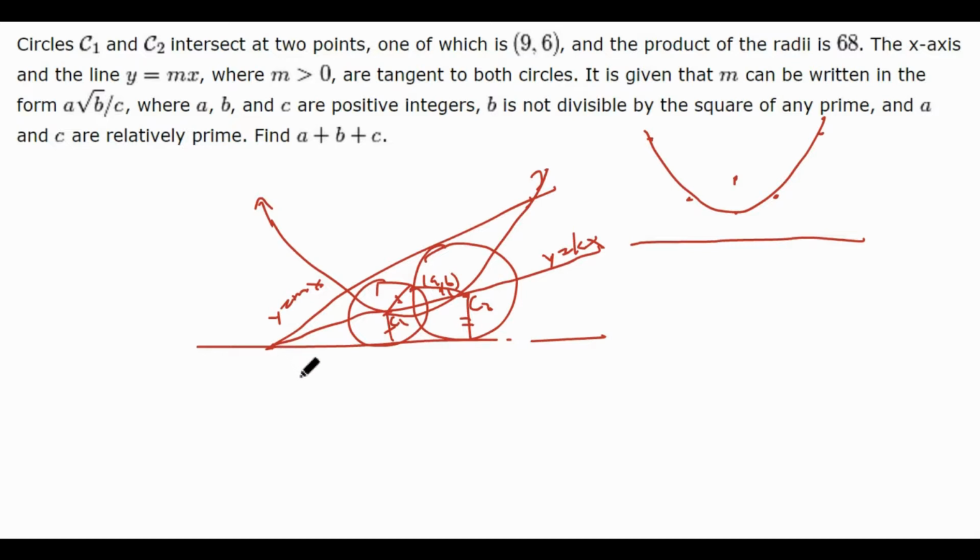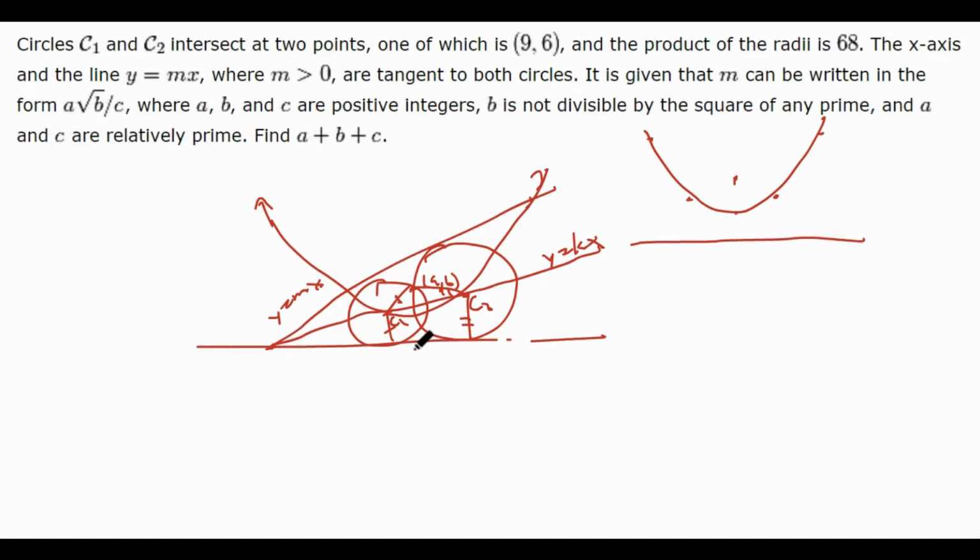Now, how does this line help? Well, there are two things that help. First, if we can find the equation of this line, we can find the equation of y equals mx, because this line is the angle bisector of y equals mx and the x-axis. So with some simple trigonometry, we can find y equals mx.